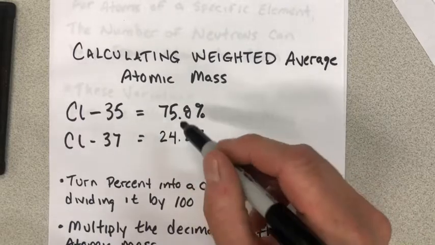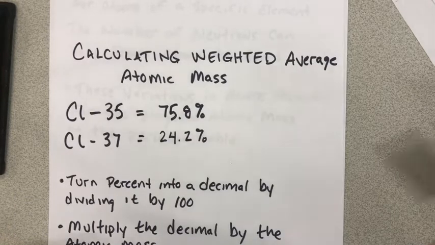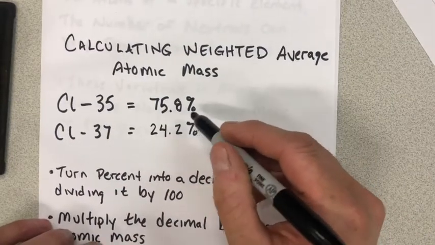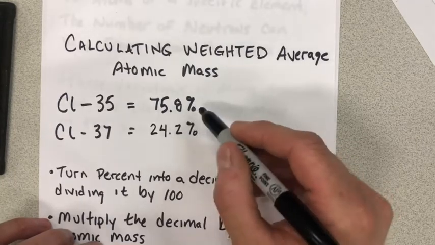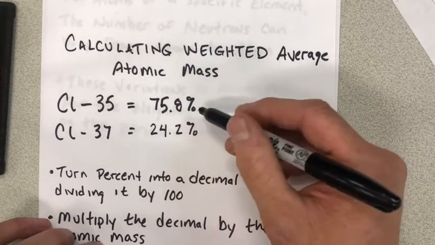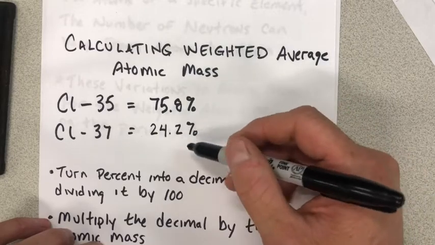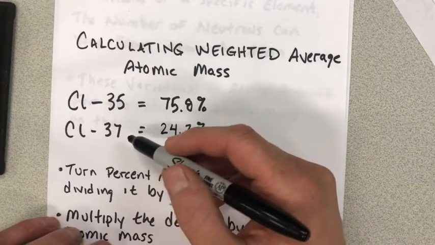That means that both of those chlorine atoms have 17 protons, but they do have differing numbers of neutrons, right? And it turns out that these numbers, you have to look these up, but chlorine-35 is a much more common isotope. It accounts for roughly 75.8% of the chlorine atoms out there, and the other 24.2% of chlorine atoms are this isotope chlorine-37.